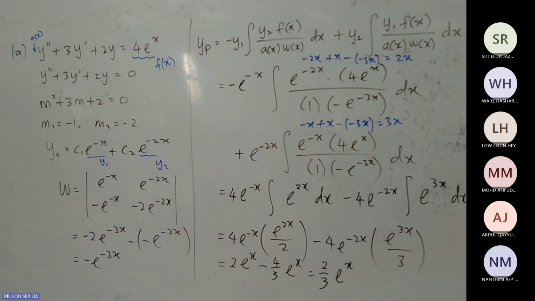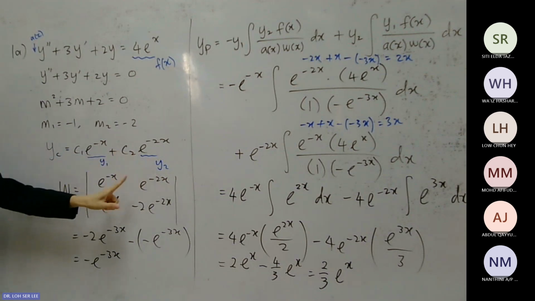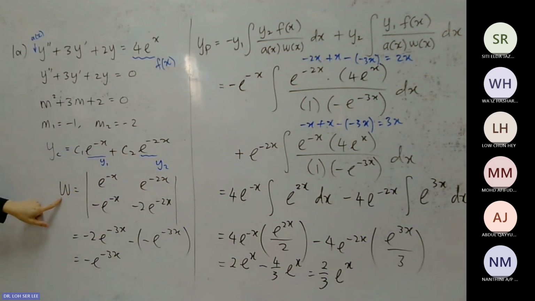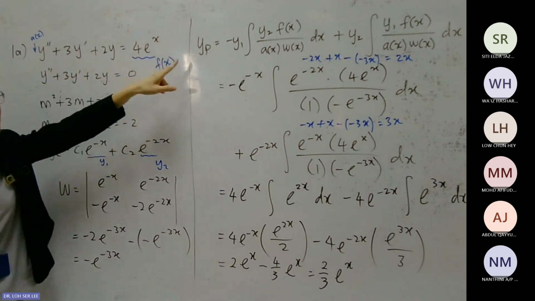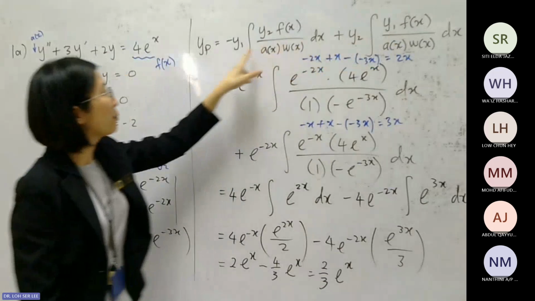So I repeat, for variation of parameters, if a, b, c are all constants, you have to find your own yc through the characteristic equation. From the yc, you will get your y1 and y2. With the y1 and y2, you can compute your Wronskian function. And your a(x) is the coefficient function of y double prime. This is your f(x). This is the formula for the yp.